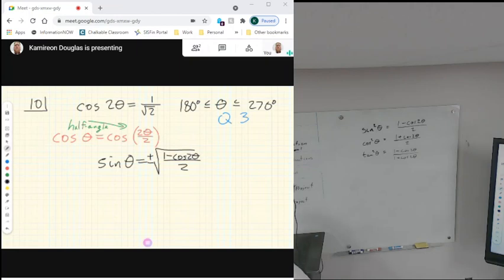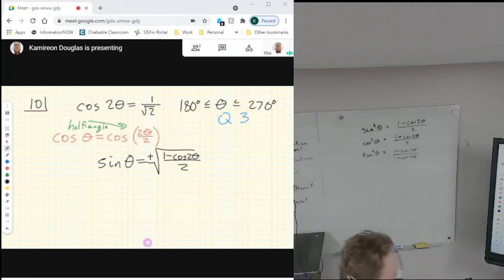This is just a variation on how to write the half angle formula. If you replace your alpha with 2 theta, you get this formula. It's the same formula, but notice that this one contains cosine of 2 theta. So I can just plug in and get my solution very quickly, as opposed to the alternative, where I have to take it at a much slower pace.